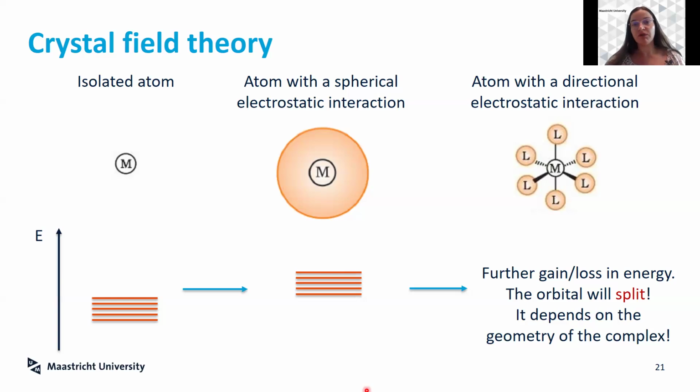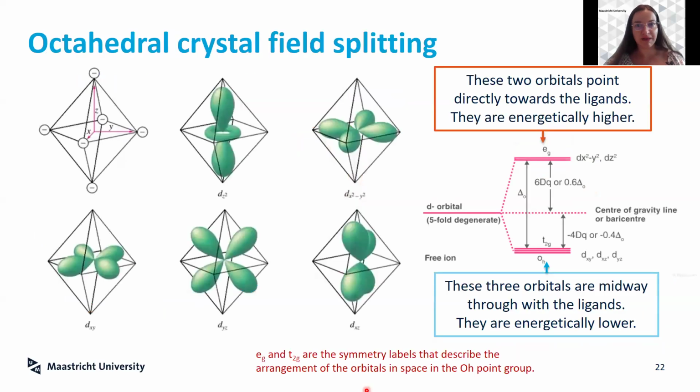So if we want to apply it to a very symmetrical geometry to begin with, one of the most symmetrical options you can have, actually the most symmetrical among the things that are reasonable to find in transition metal complexes, is the octahedral geometry.